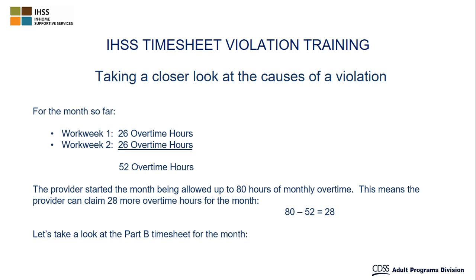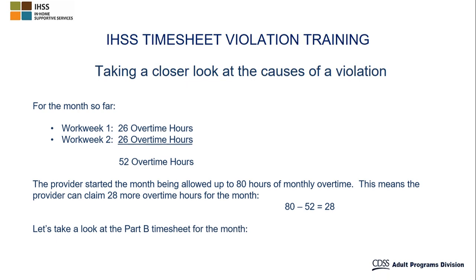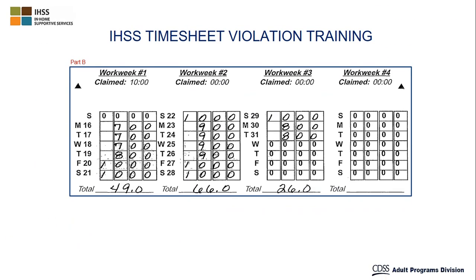Now, let's take a look at the Part B timesheet for the month. In the Part B timesheet in Workweek 1, the provider claimed 49 hours. But remember, the provider had claimed 10 hours from the Part A timesheet for the first day of this work week.